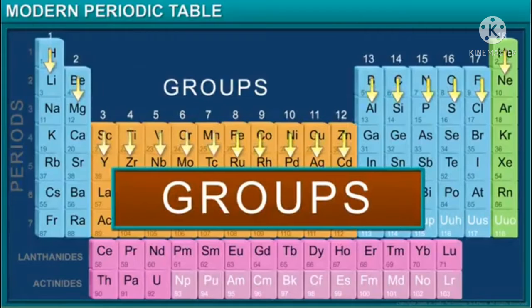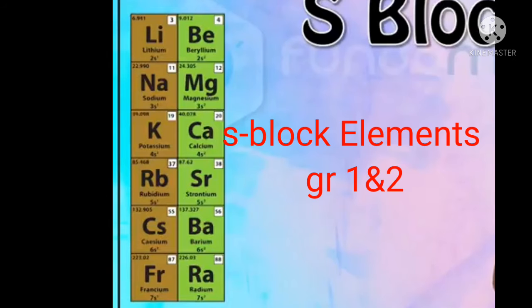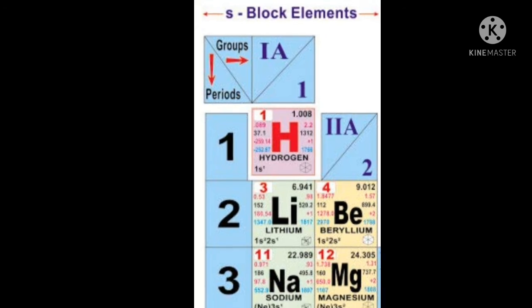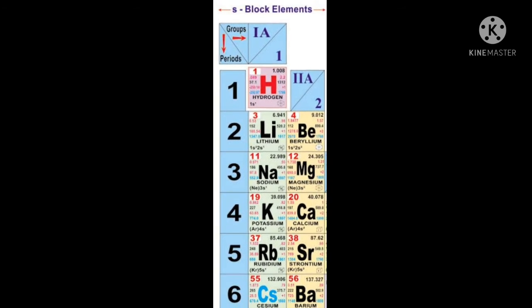The elements in the periodic table are divided into 4 blocks: S block, P block, D block and F block elements. S block: the elements at the left side of the periodic table from group 1 and 2 are known as S block elements.